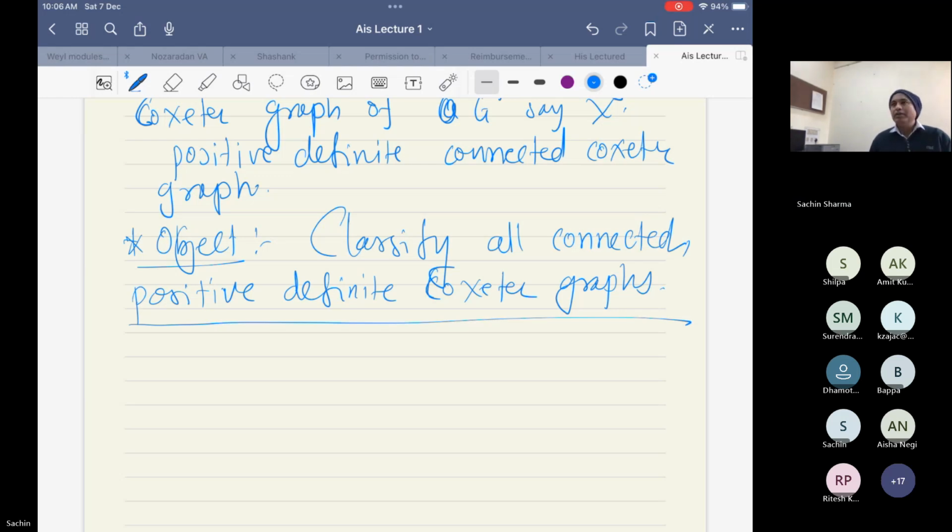Okay, so here is the thing. For example, suppose these things. For l equal to 2, what do we expect the graph to be? Anybody? This is just 1 minus cos pi by p.